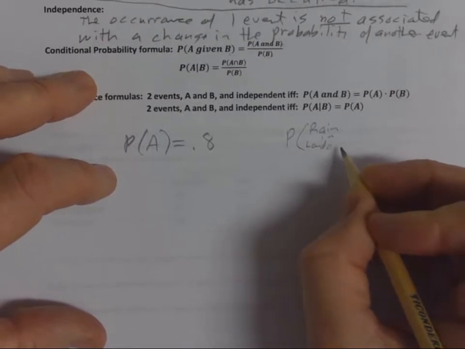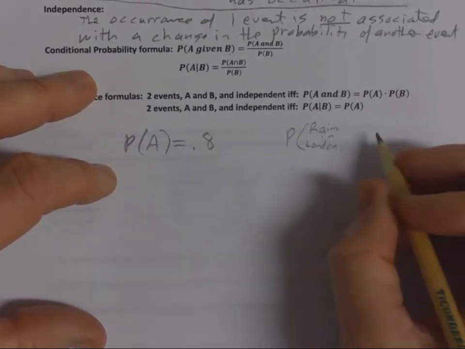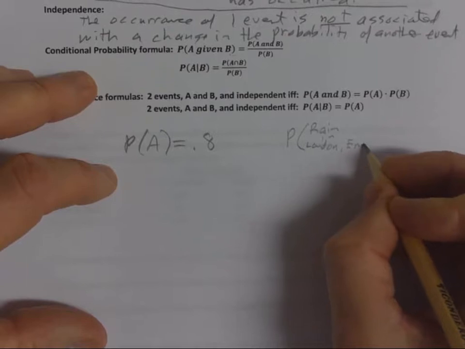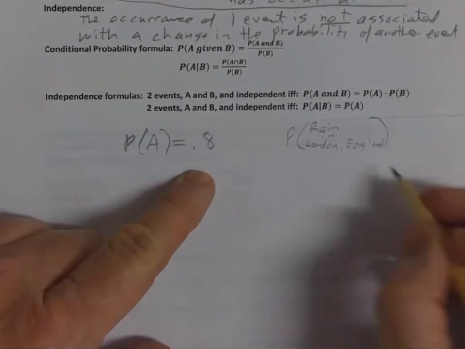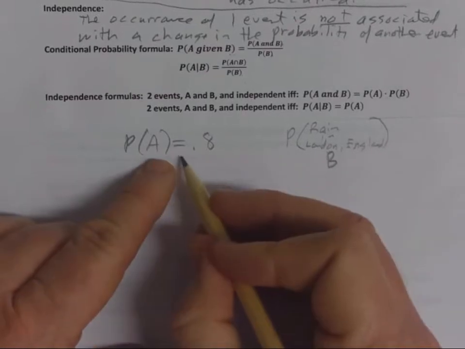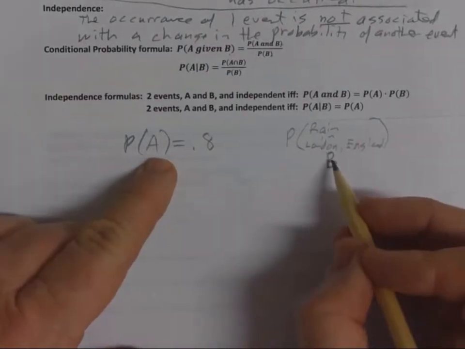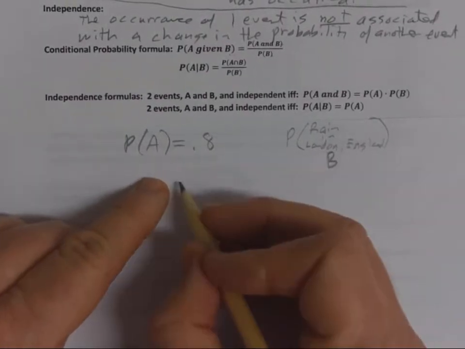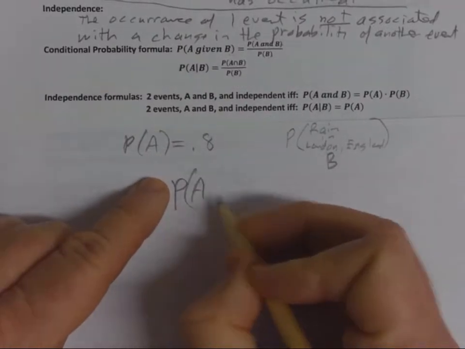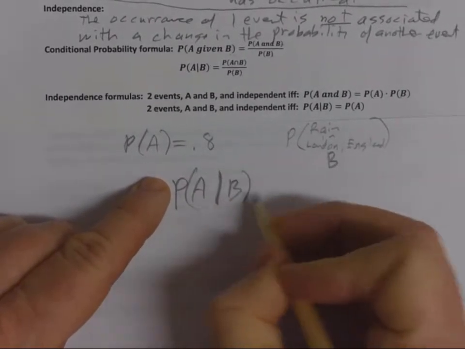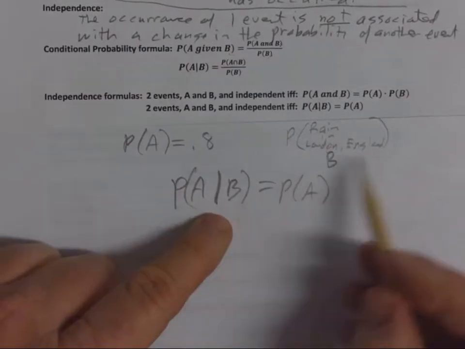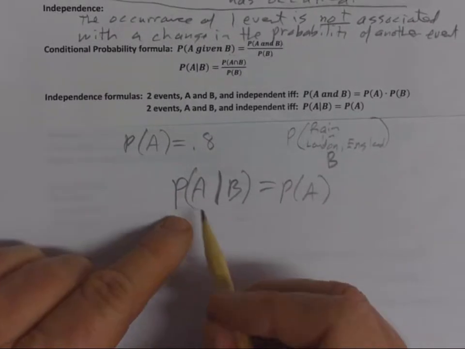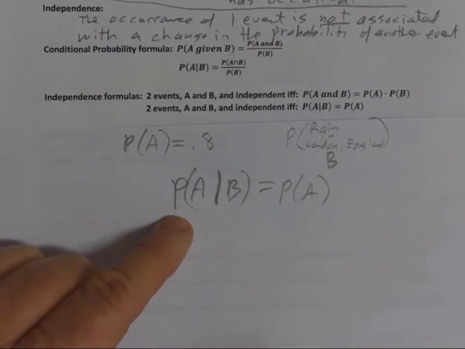Now, those two events are almost certainly independent, because whether it rains has no influence on A. I don't care if it's raining in London as far as whether or not I golf. And so the probability of A, given that B has occurred, is just 0.8. It's just equal to the probability of A. B has no influence on A.